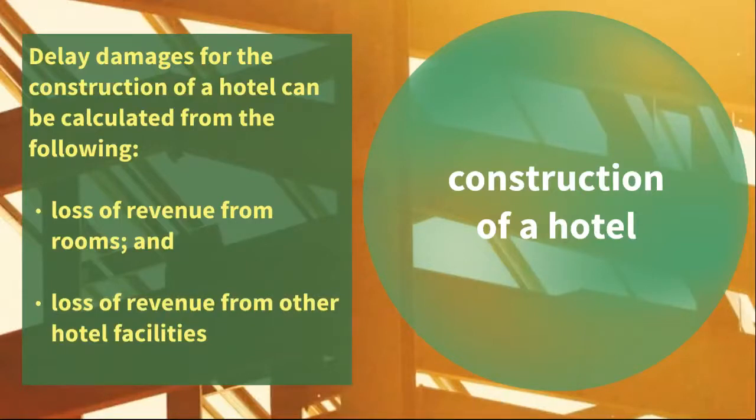There are matters such as occupancy levels, likely room charge rates, income from restaurants and leisure facilities of the hotel, as well as costs that may be saved as a result of delay, such as utility consumption, the water, electricity, and, for example, also the telephone bills. This list by no means is exhaustive. And we must note that calculation cannot be based purely on the revenue.